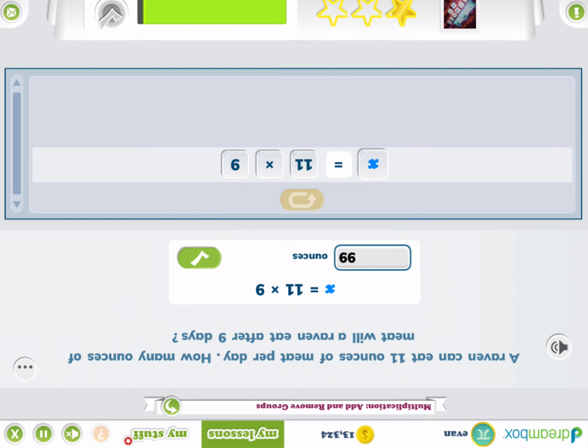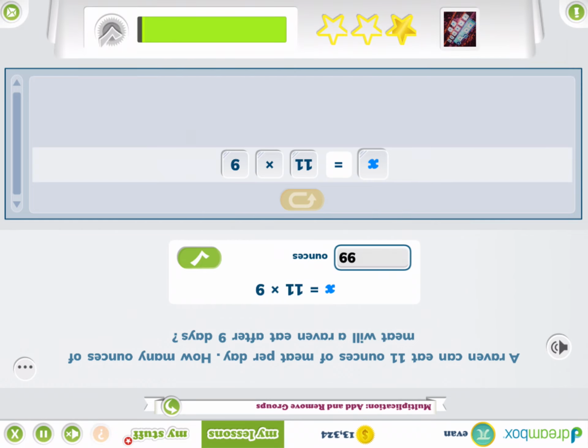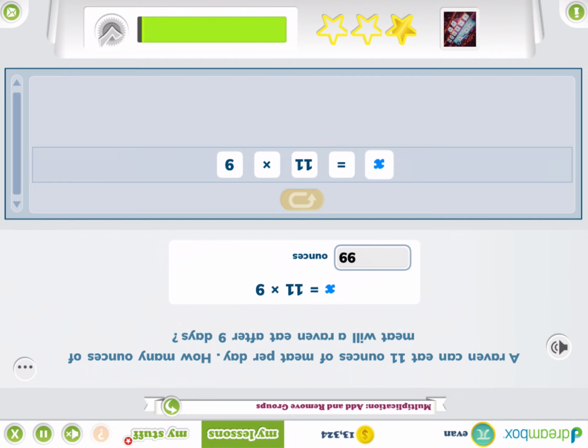Good job. A raven can eat 99 ounces in 9 days.